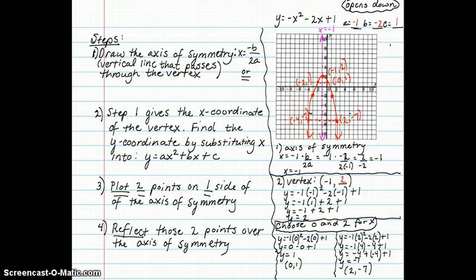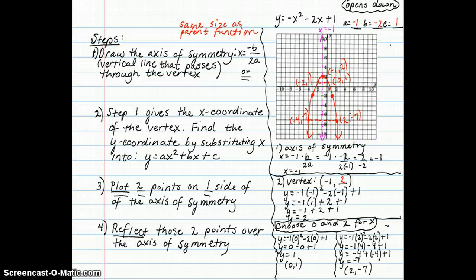But knowing it's the same size as the parent function, it opens down because this is -a. But you could actually get your points without even choosing 0 and 2.